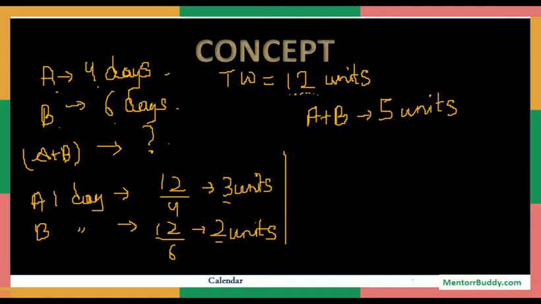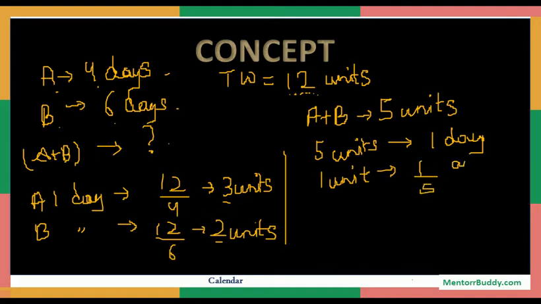Now, 5 units of work are finished by A and B working together in 1 day. So 1 unit of work will be finished by them in 1 by 5 days.